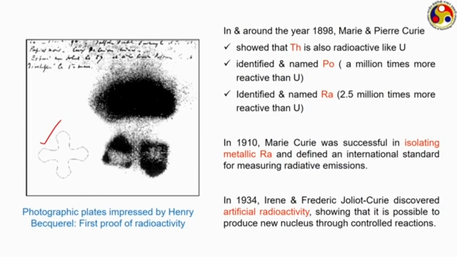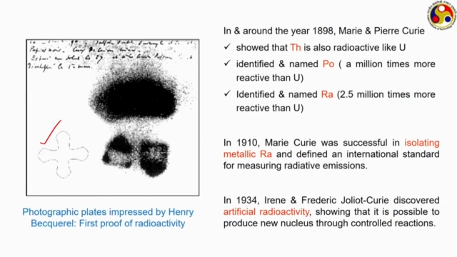It is actually believed that Irene and Frederick Joliot-Curie discovered the subnucleonic particle neutron before James Chadwick in 1932, but they were not able to characterize it properly, and Chadwick received the Nobel Prize.